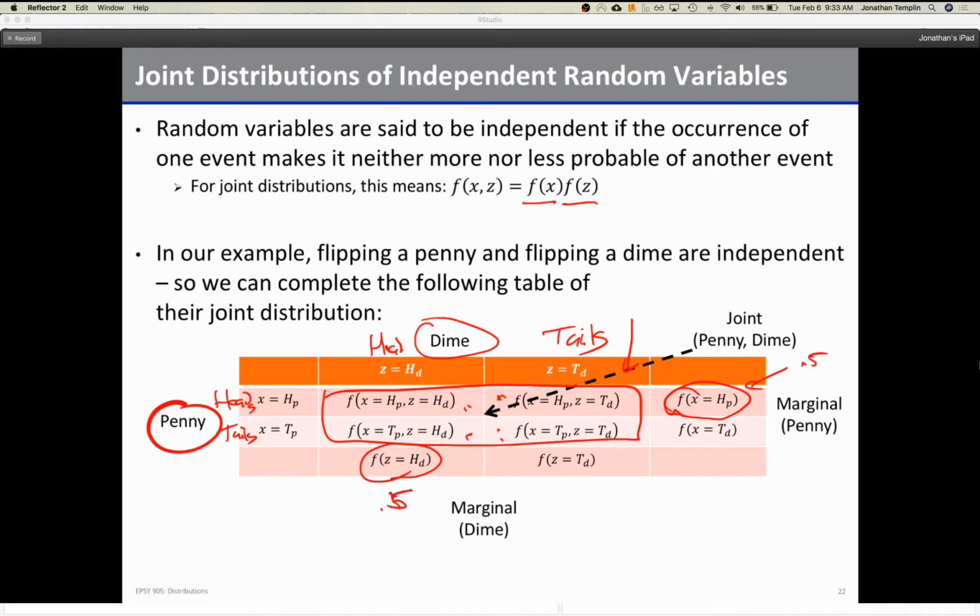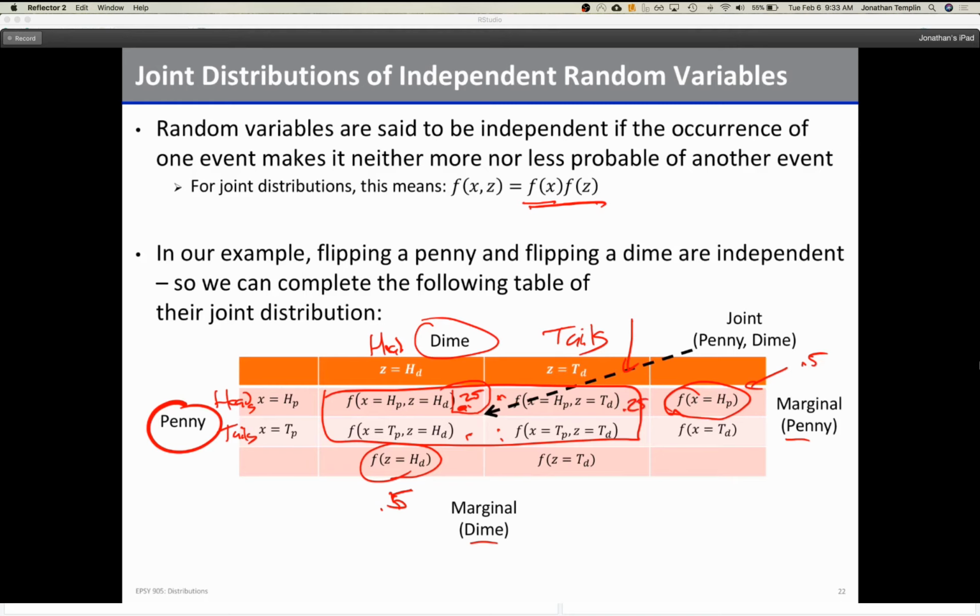If these two marginal random variables are independent of each other, then the joint distribution comes from the product of the marginal values. And so if we want to talk about the probability that we get heads on both, we multiply them together. 0.5 times 0.5 gives us a 0.25 up in this cell.